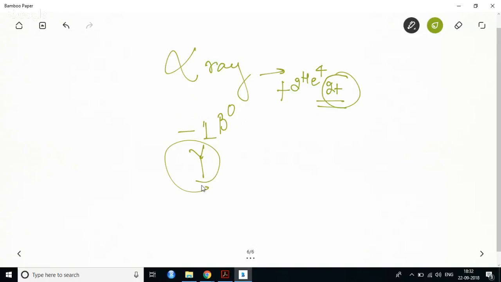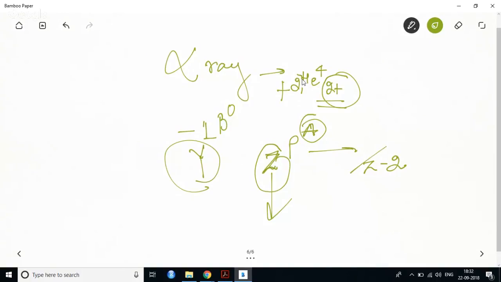Now what happens when alpha decay happens? Try to understand. Suppose this is the parent atom. Whenever alpha decay happens, the atomic number, this is nothing but atomic number Z, will decrease by 2.